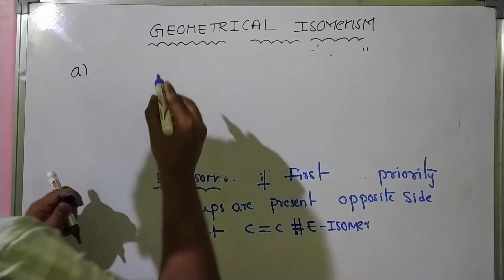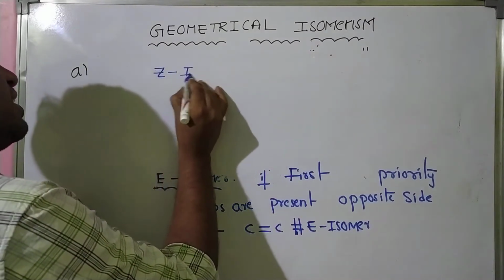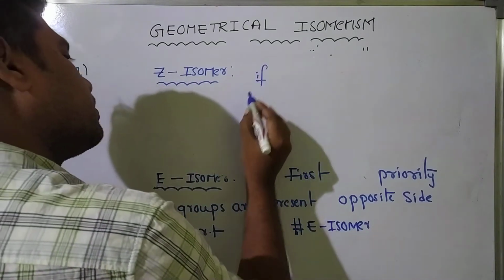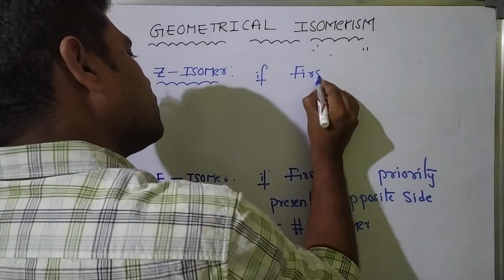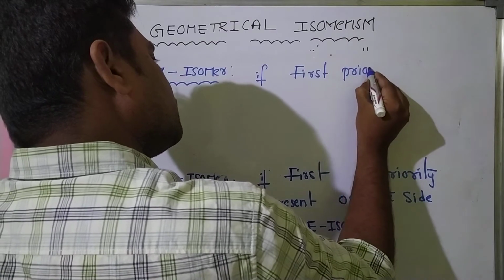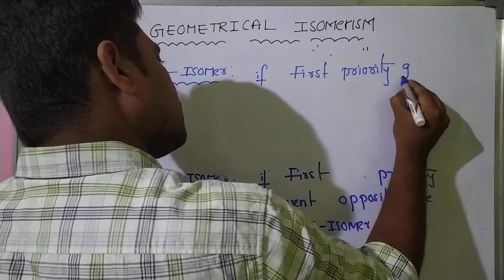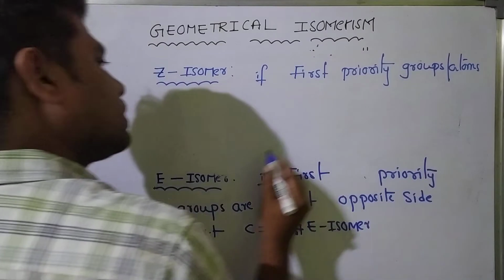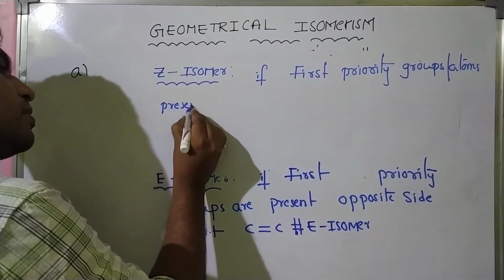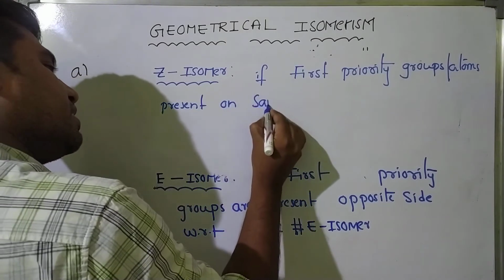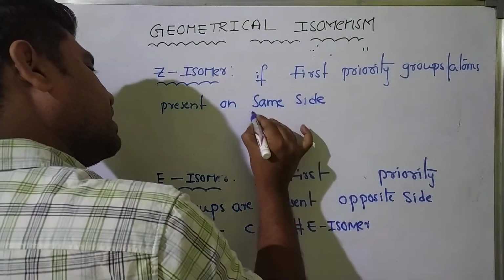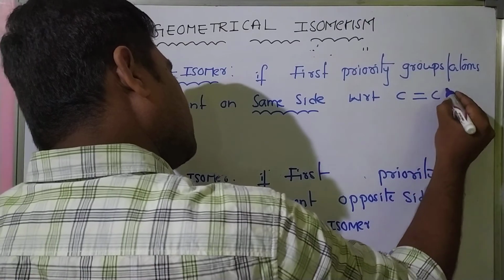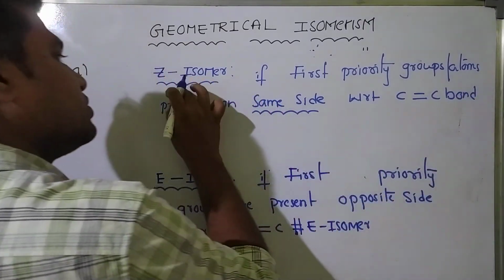Next, Z isomer. So what is called Z isomer? Z isomer means if first priority groups or atoms are present on the same side with respect to the carbon-carbon double bond, then it is called Z isomer.